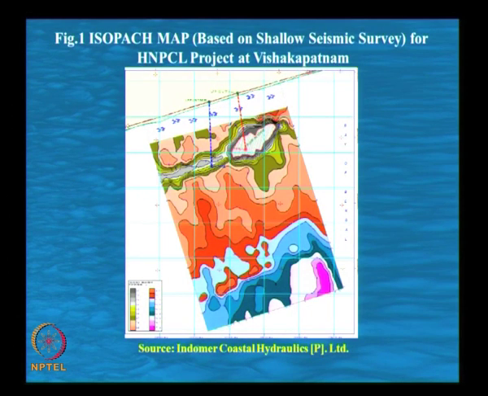So this is called an isopatch map based on shallow seismic survey. This distance is about 2 kilometers, this distance is about 3 kilometers. Isopatch means just like contour, these are the lines joining.